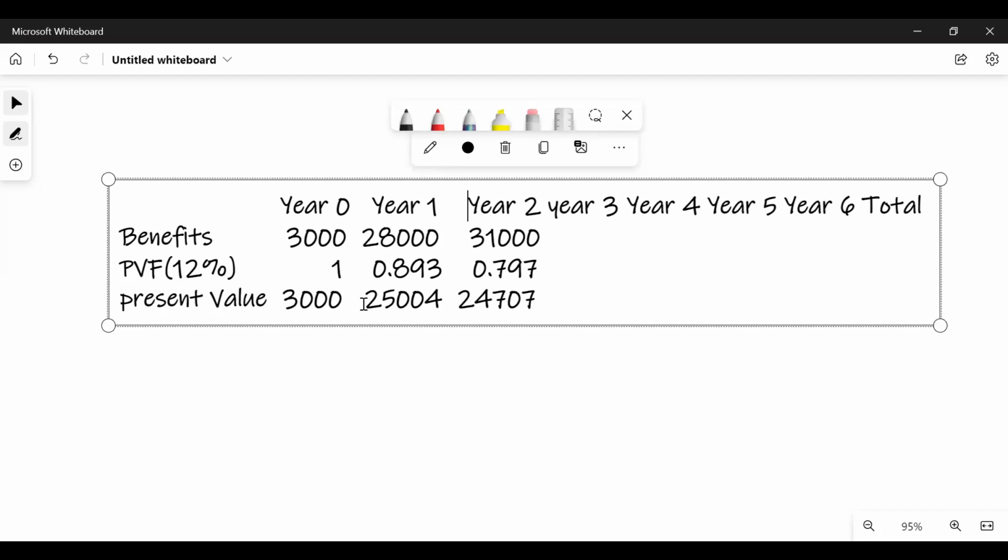So this is the value that you are getting. The benefit that we expect at the end of 2 years is 31,000, but when you convert to the present value, it will be 24,707.